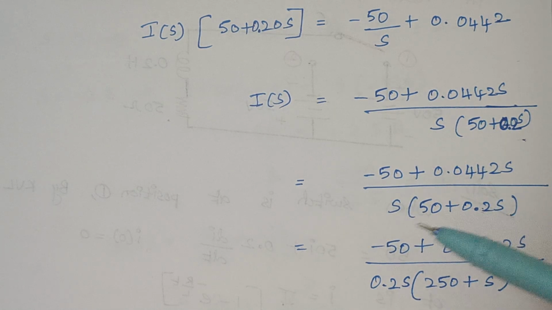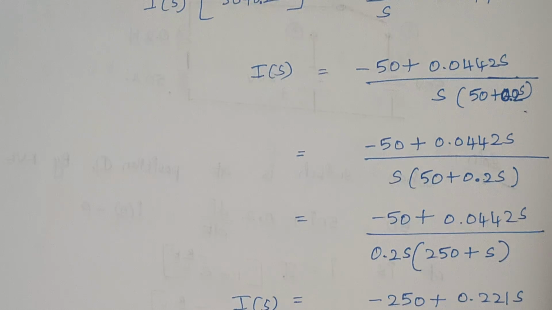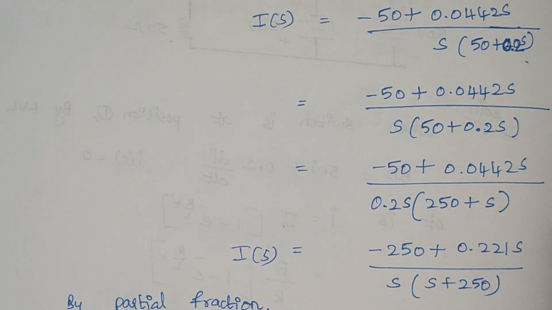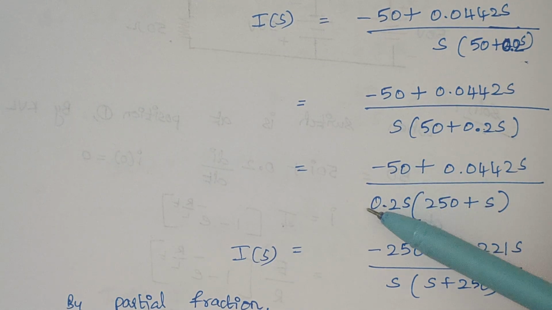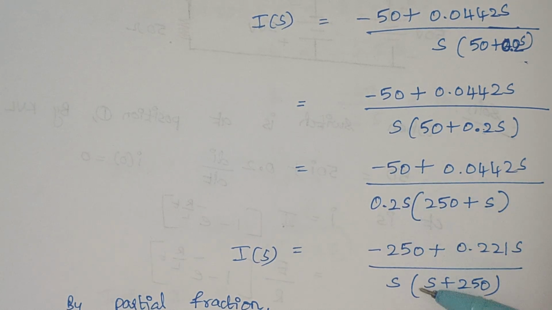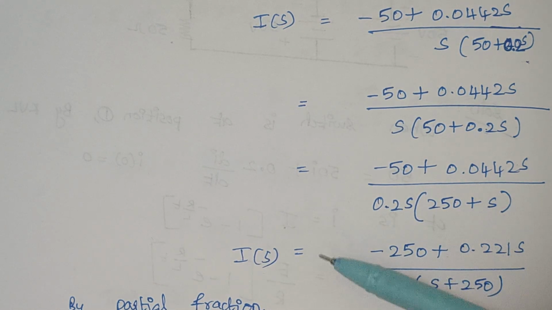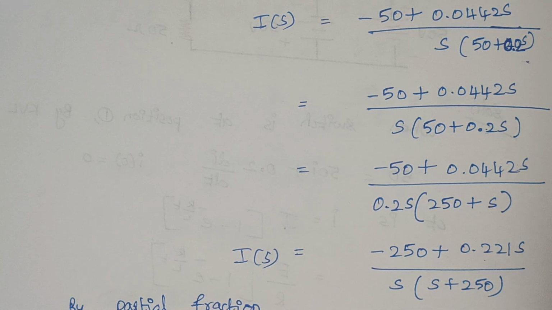So when you take 0.2 outside, the expression gets modified as s plus 250, right? So here the expression for I of s becomes, again we are dividing this entire expression by 0.2. So 50 by 0.2 is 250, and 0.0442 by 0.2 is 0.221, right? So this is your expression for I of s.